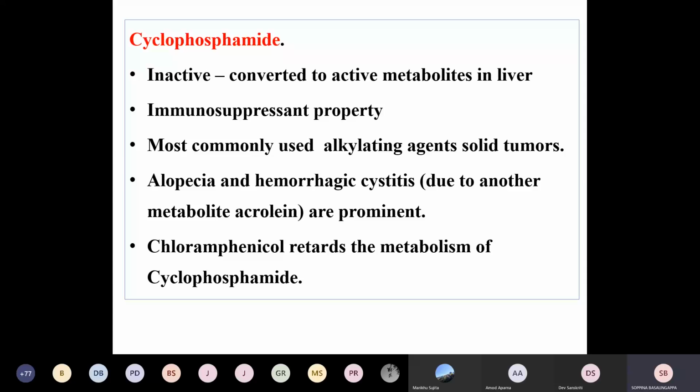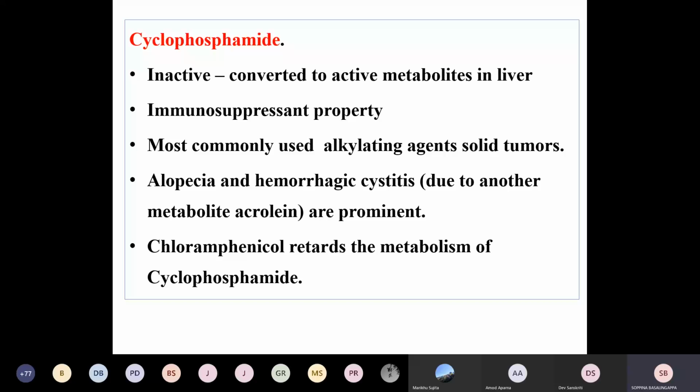Now coming to individual drugs, cyclophosphamide. We are not studying all the drugs, only very few, commonly used drugs. One such drug is cyclophosphamide. The drug is inactive, that means it is a prodrug, converted to an active metabolite in the liver. In addition to its alkylating cytotoxic activity, it has got immunosuppressant property also.